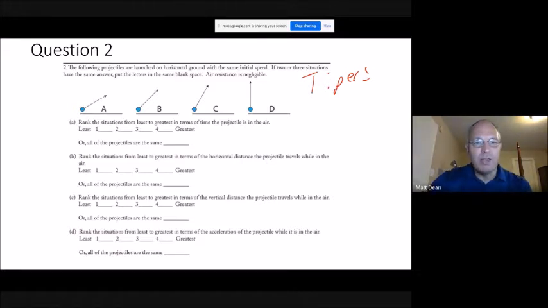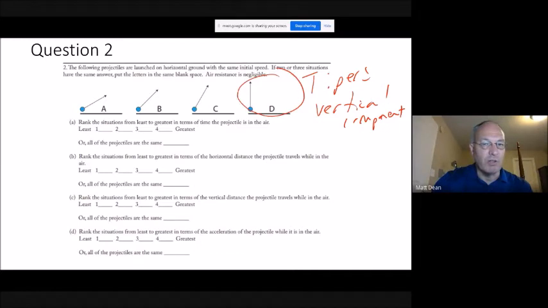So the first one: rank the situations from least to greatest in terms of time the projectile is in the air. Well, I'm hoping you guys know that the time in the air is determined by the vertical component of that initial velocity. So let's figure out which one of these has the greatest vertical component. I'm hoping that you see that D is all vertical.